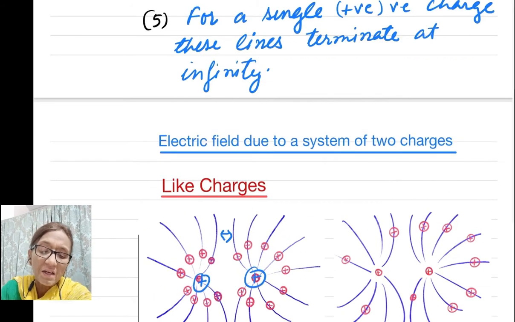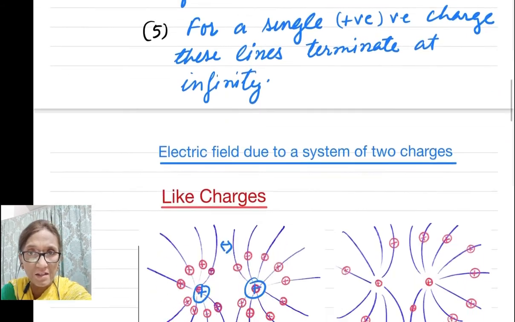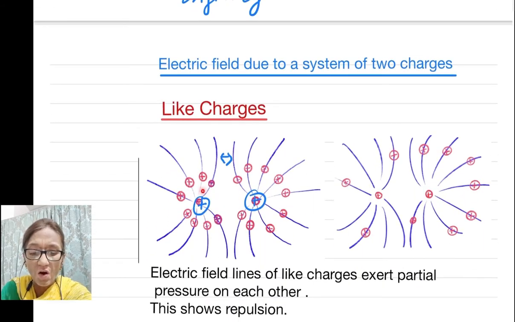You can see now the field lines which were straight radially outward for a single charge are not straight lines, they are curved lines.